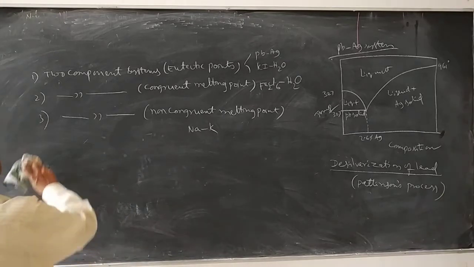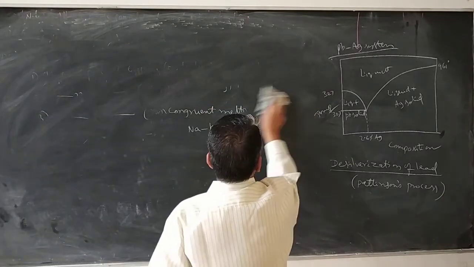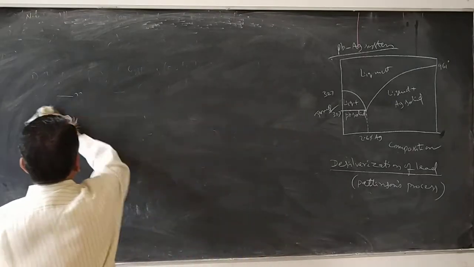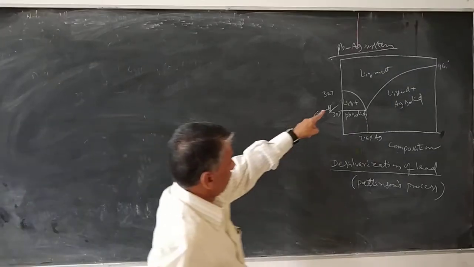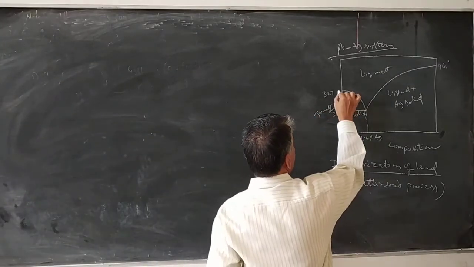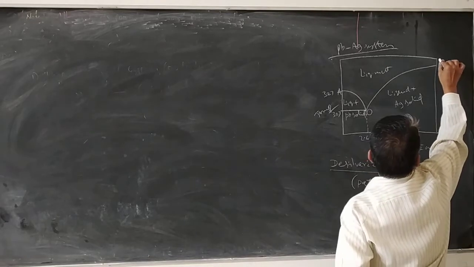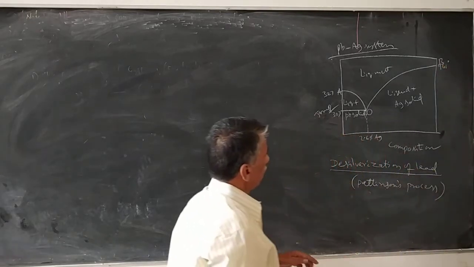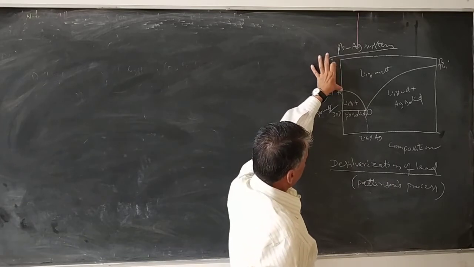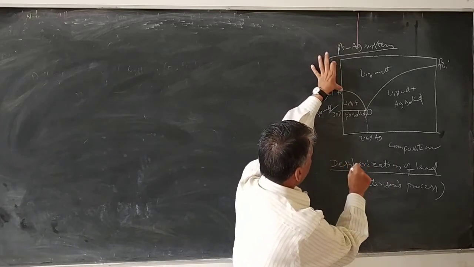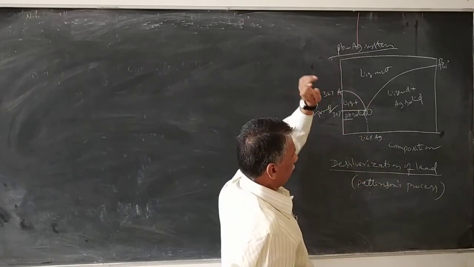The diagram is written there. Let us label A, O, and B. See here, the point A represents the pure melting point of lead.